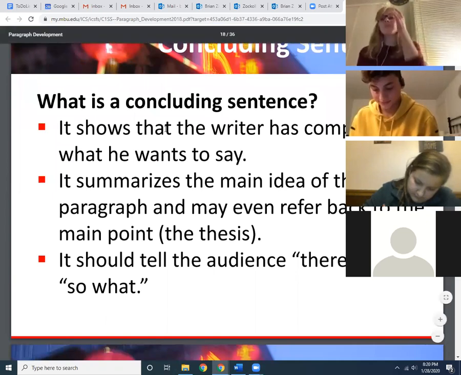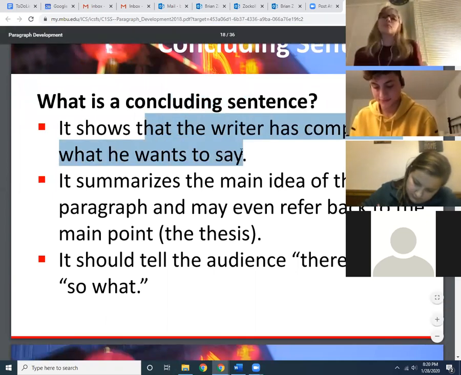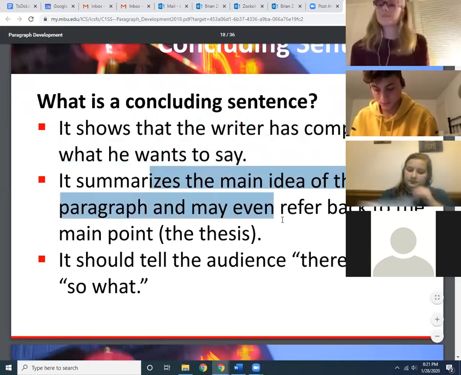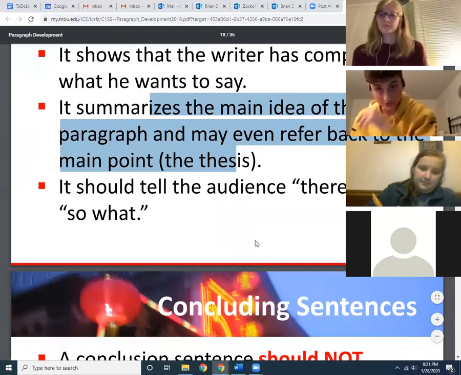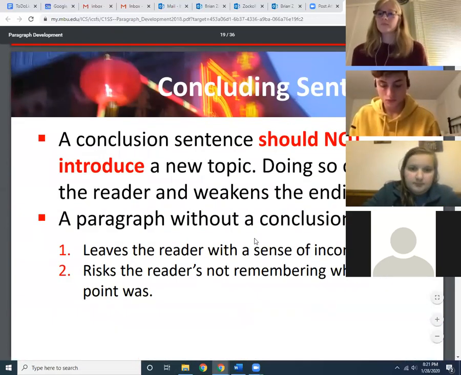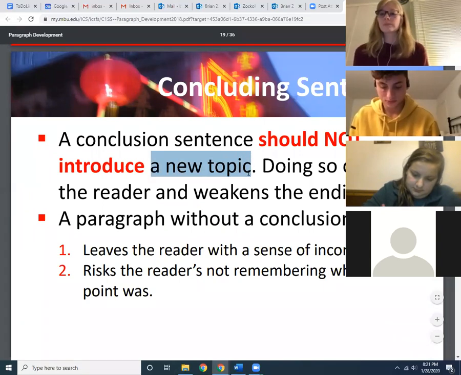So a concluding sentence shows the author has completed what he wants to say. It summarizes the main idea of the paragraph, maybe referring back to it. Give us the therefore, the so what. Here's what it shouldn't do: it should not introduce a new topic.